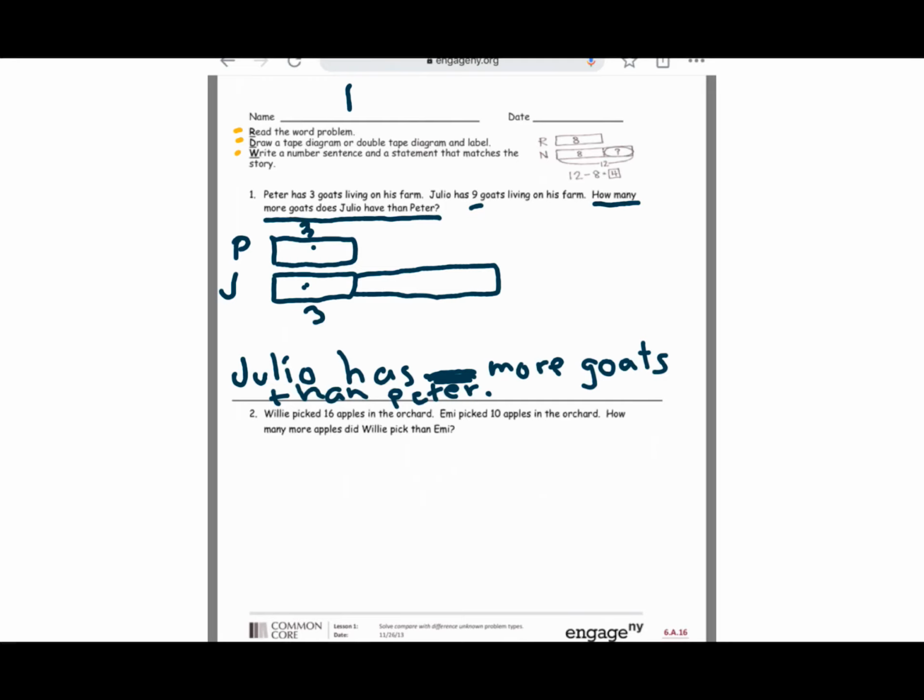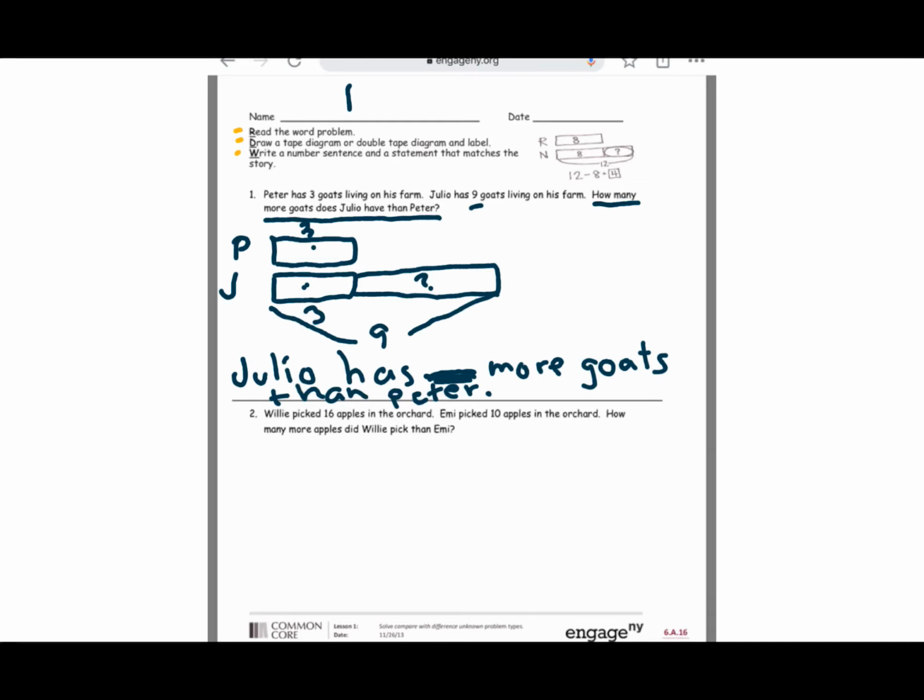How many more goats does Julio have than Peter? And Julio has 9 goats. So we know that one tape is 3. We need to find out this part right here.